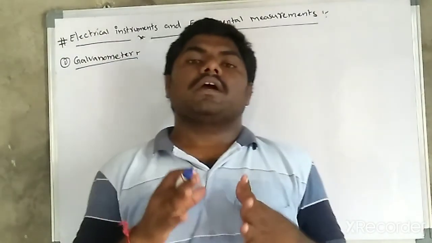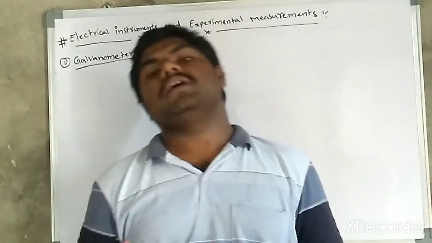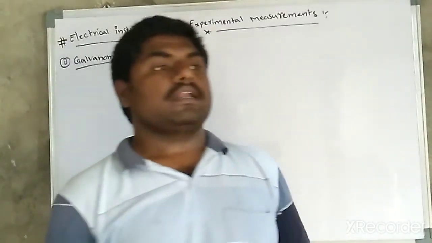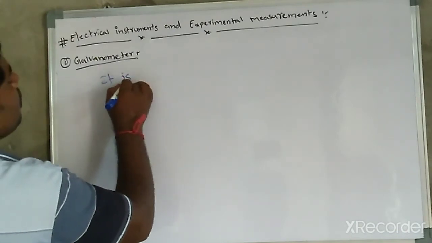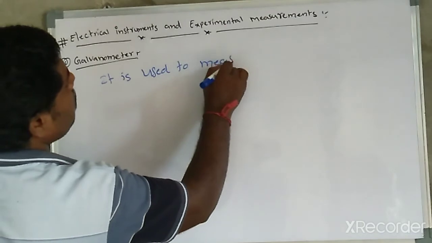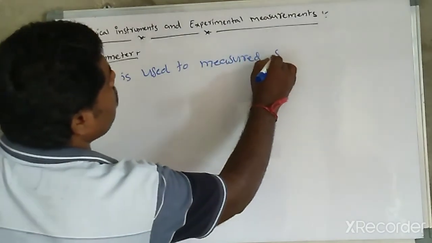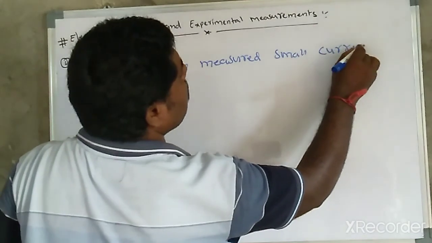One is the full deflection current Ig, another one is the coil resistance Rg. So it is used to measure small current.